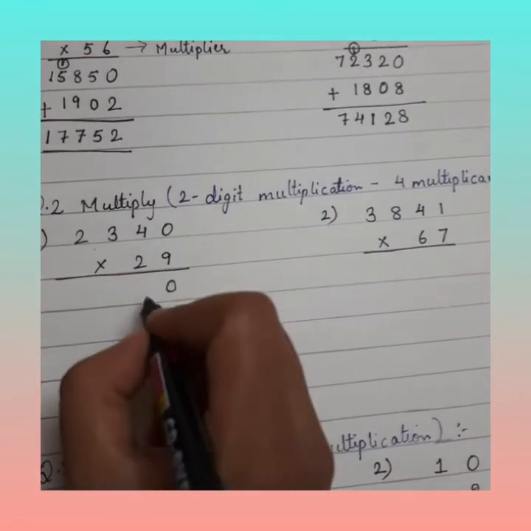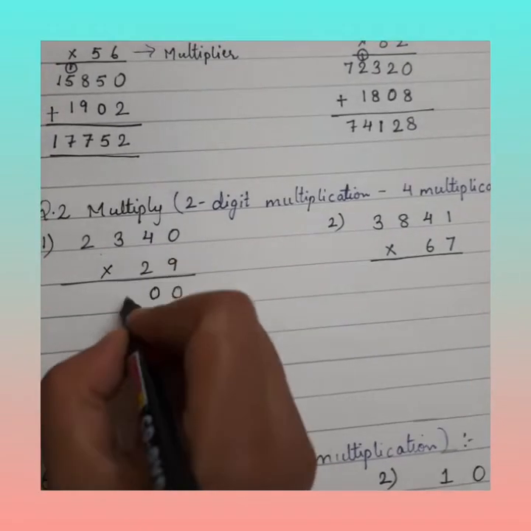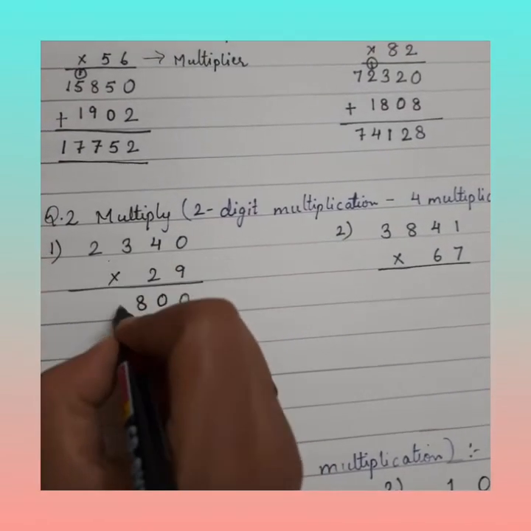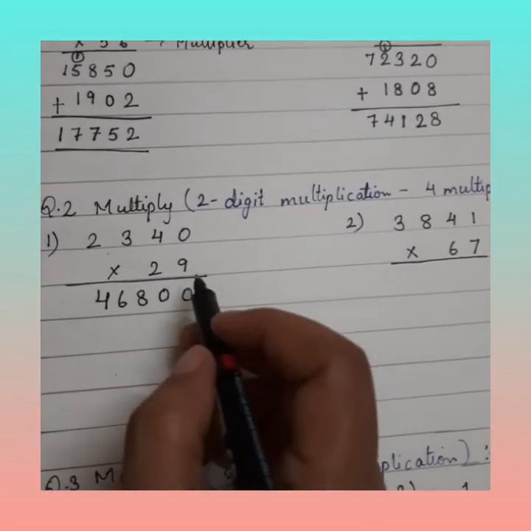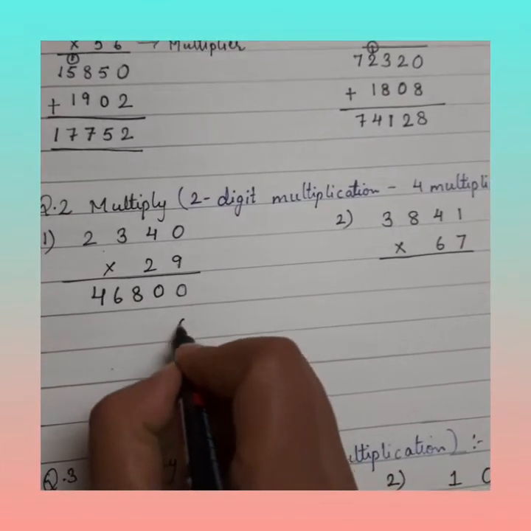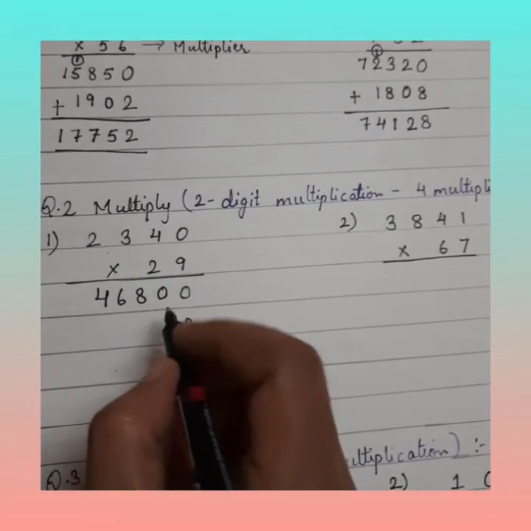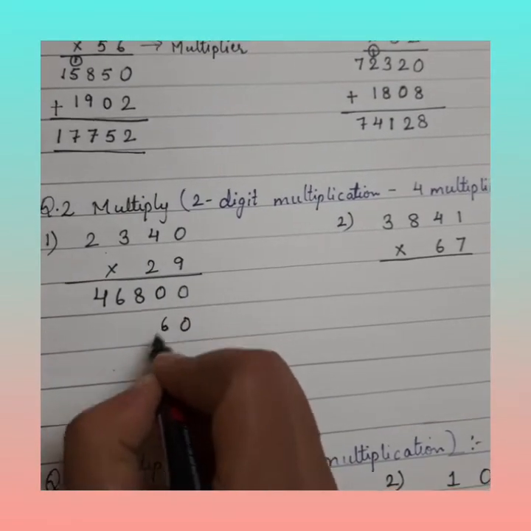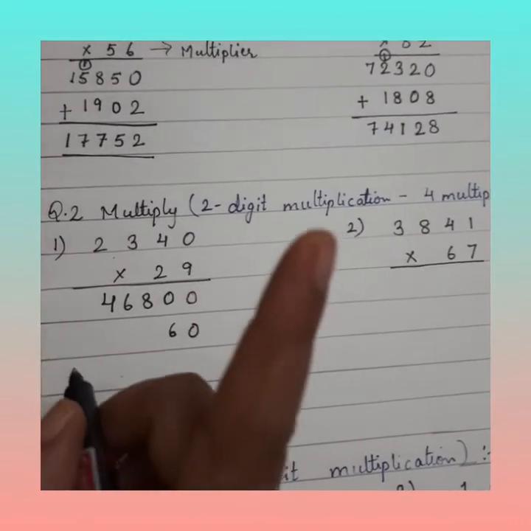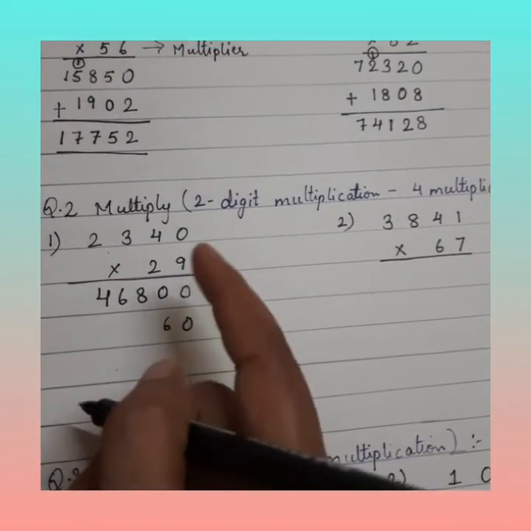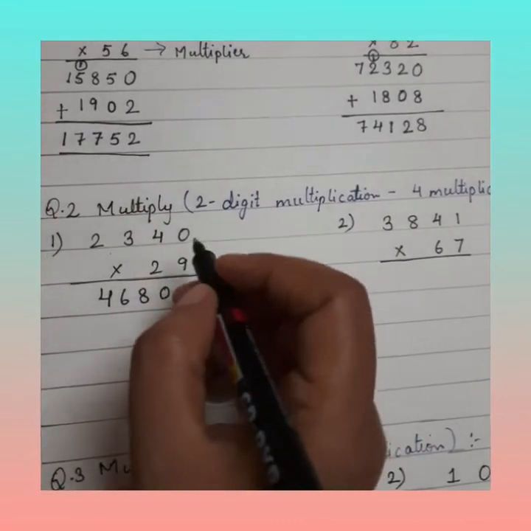Then 2 zeros are 0, 2 fours are 8, 2 threes are 6, 2 twos are 4. Then 9 zeros are 0, 9 fours are 36. For that I will write here 6. Always remember, the unit digit is to be written down and the tens digit will be carried over.